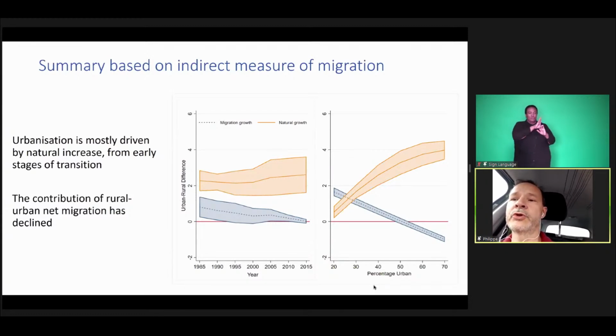So the contribution, say at around 50% urban, is 0% due to migration and around 3% due to natural growth.